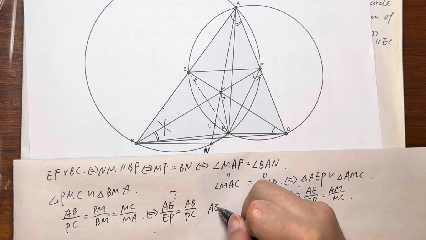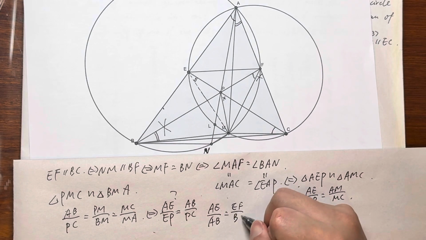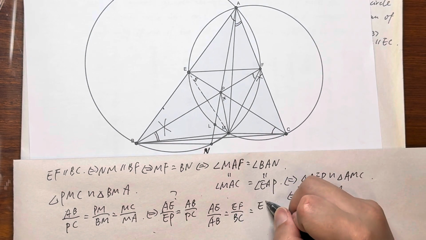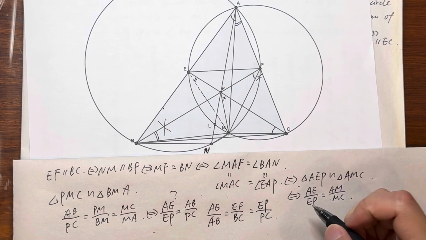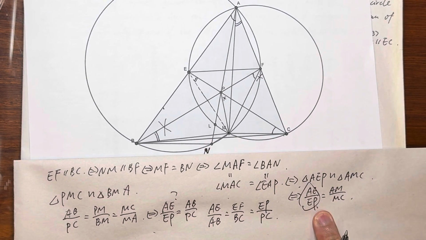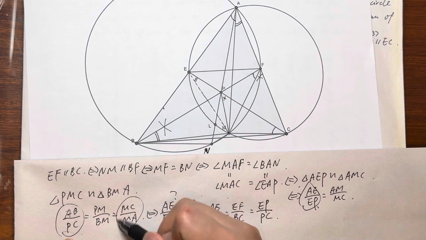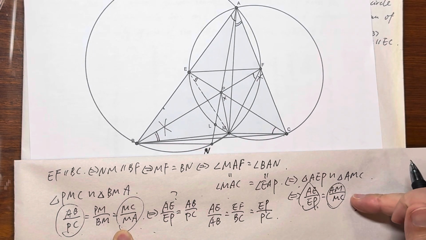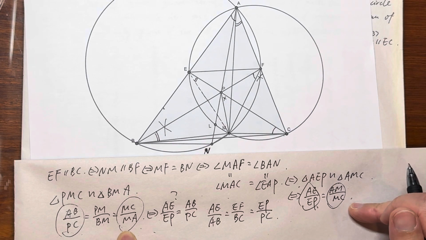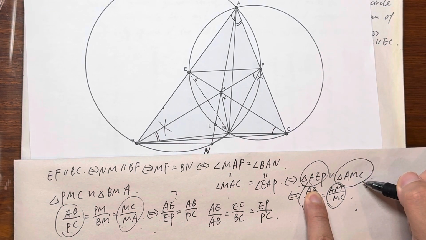Because AE to AB equals EF to BC, which equals EP to PC. So we find that AE to EP equals AB to PC equals MC to MA, which is AM to MC, which means that triangle AEP and triangle AMC are similar.